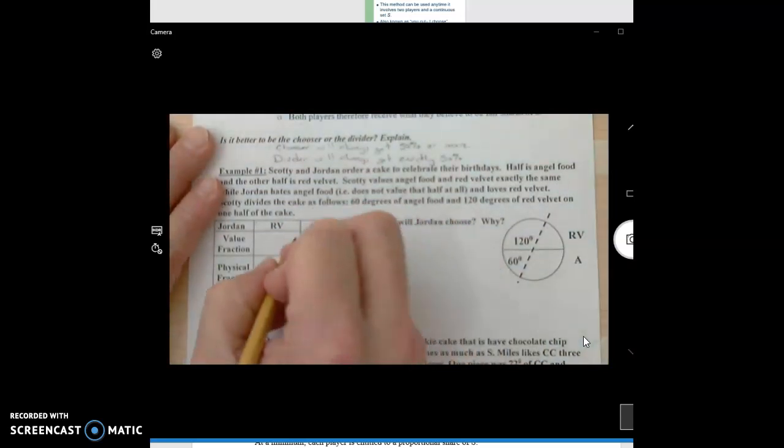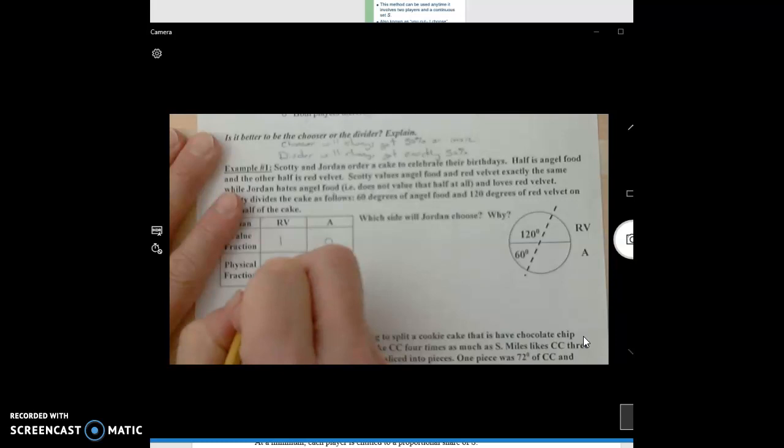But let's see which side Jordan will choose. Well, Jordan loves red velvet. So Jordan values the red velvet as 1 and values angel food cake as, basically, 0.